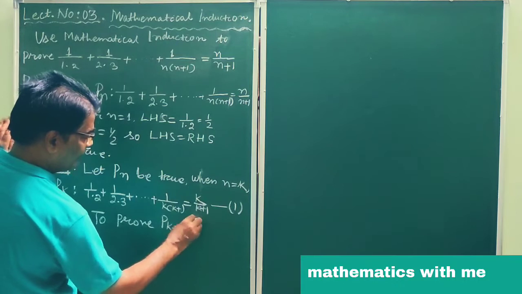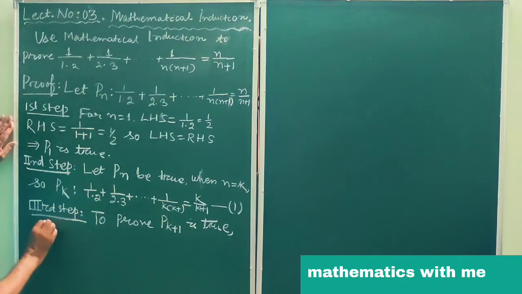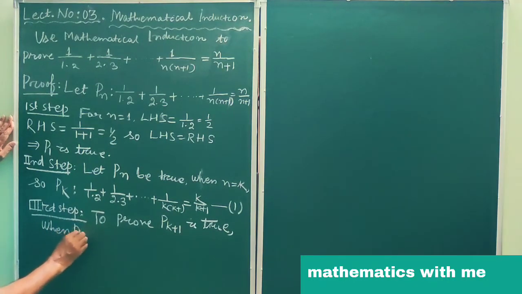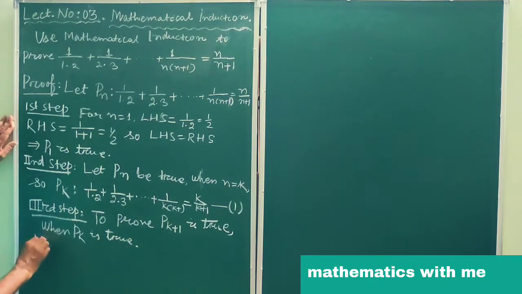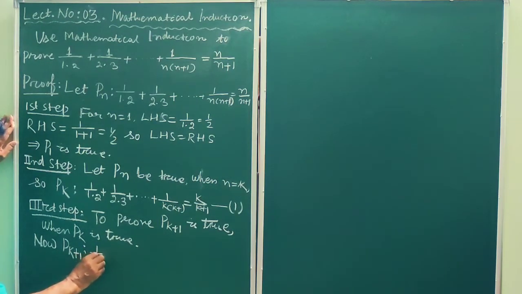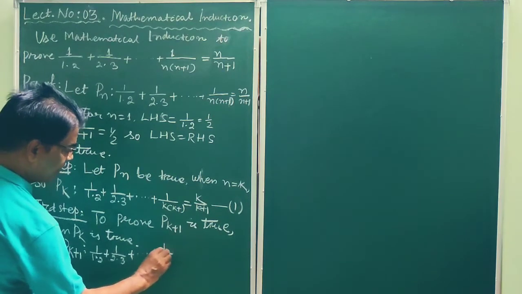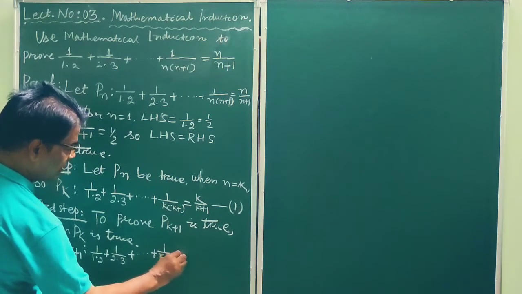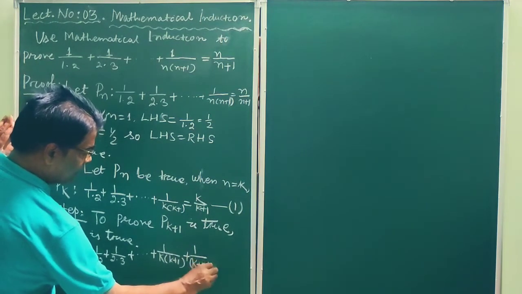Now Pk plus 1 stands for 1 by 1 into 2 plus 1 by 2 into 3 plus ... plus 1 by k into k plus 1 plus 1 by k plus 1 into k plus 2.